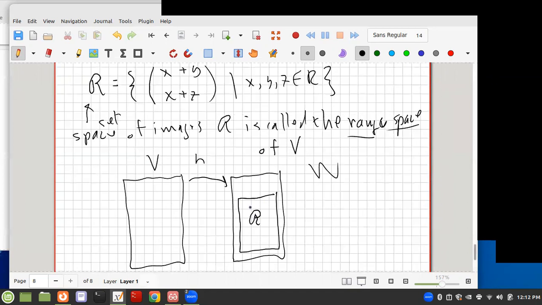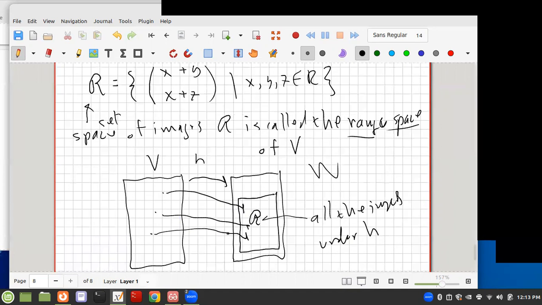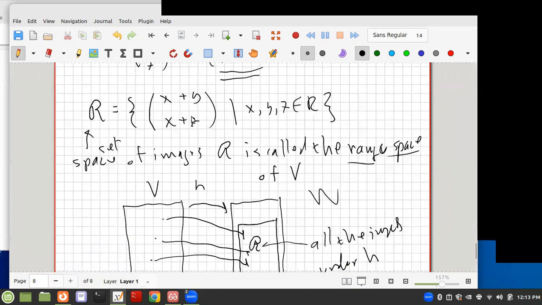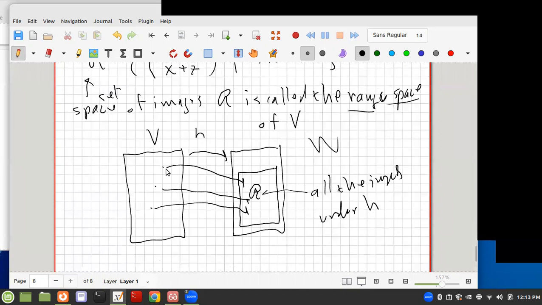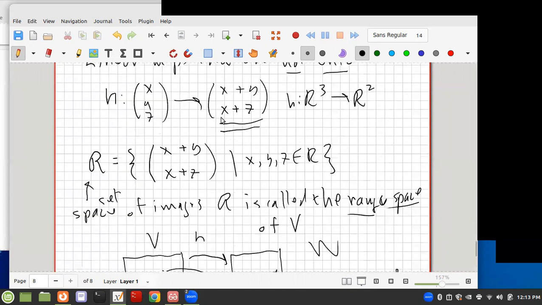This space R is all the images under H. So I take all the vectors in V, and every point here maps into here. So the range space is all the images, the image of the domain.